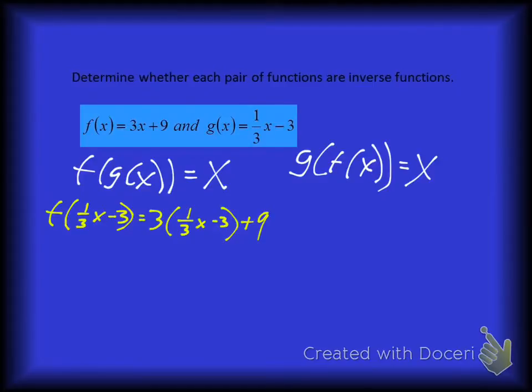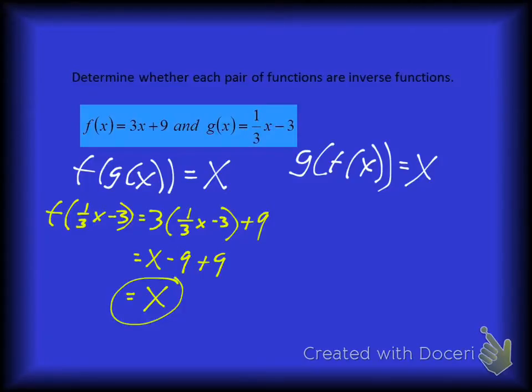Distribute the 3. So you get 3/3, which is x. 3 times -3 gives you -9 plus 9. And then that simplifies down to just x, just like that.